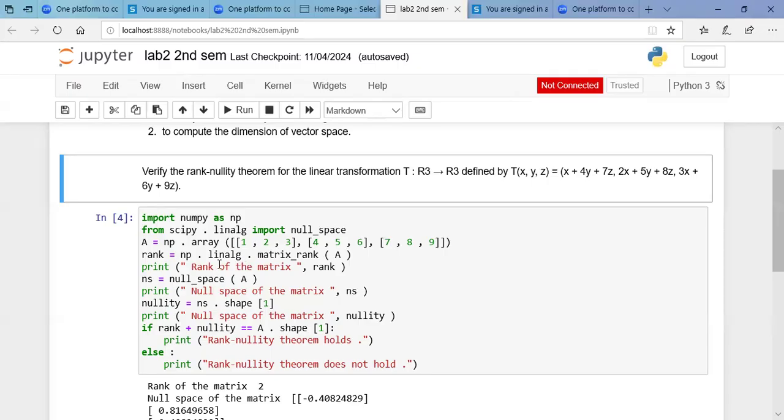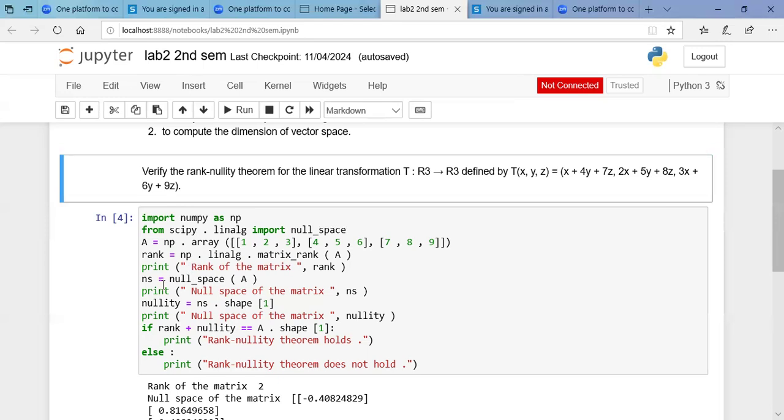So we will use linalg to reduce the defined matrix A into row reduced echelon form so that we get the rank of matrix A. Then print the matrix rank.